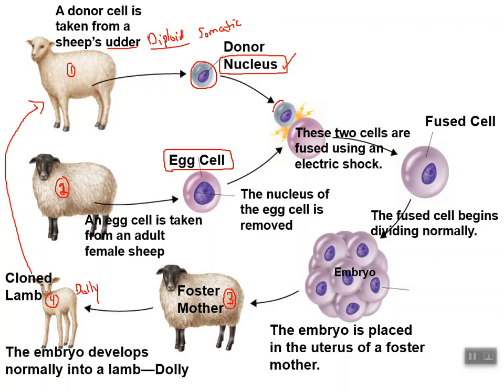So we take the DNA from sheep 1 and we stick it into this egg cell. Right? So what we have is a cell with the DNA from sheep 1, but the cytoplasm from sheep 2. The cell is technically an egg cell, but it has the DNA of a diploid somatic cell.